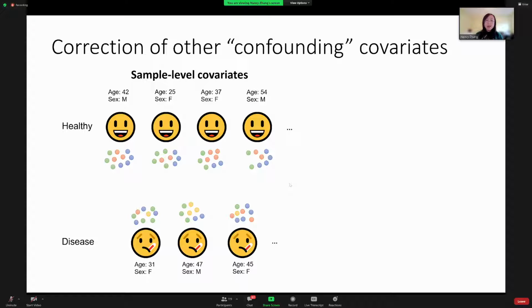Well, sometimes it's impossible to get well-matched cohorts. They have different sample level covariates like age and sex. And there are also cell level covariates like library size of the cells and mitochondrial content and other things related to technical aspects of how these cells are collected. So the question is, is there a way we can remove all these unwanted variations from our data?